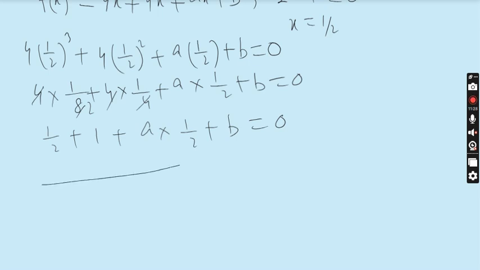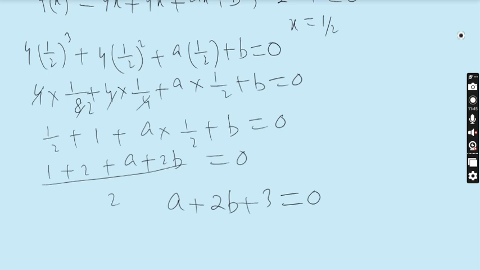Taking 2 as the LCM, 1 plus 2 plus a plus 2b is equal to 0, or a plus 2b plus 3 is equal to 2 multiplied by 0, which is 0. This is equation number 1: a plus 2b plus 3 is equal to 0.